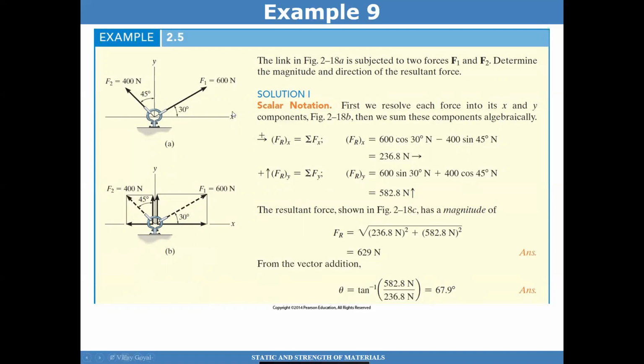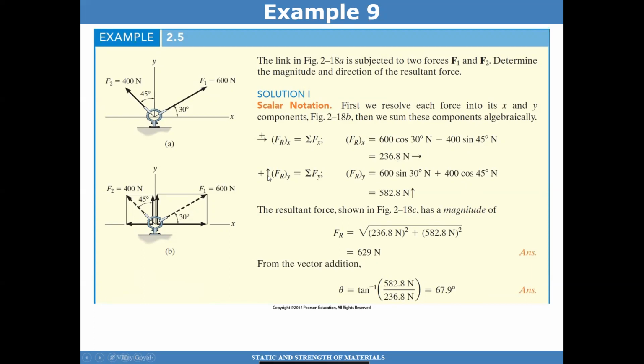So that's fairly simple. I have 600 times the cosine of 30 to project it into the x-axis. That's that one. Minus, then I have this one here, F2 projected into the x-axis is 400 times the sine of 45. So that's this one right here. And so you add them up and you get 236.8 newtons.